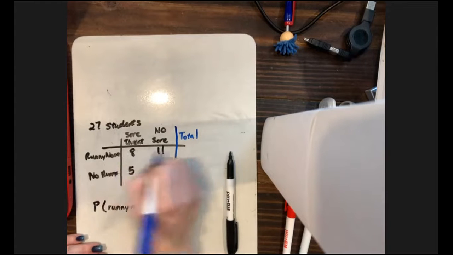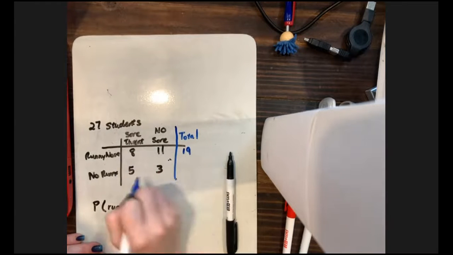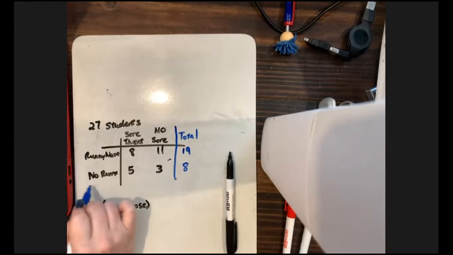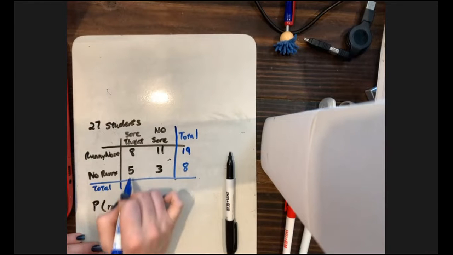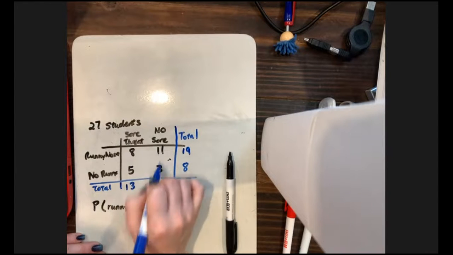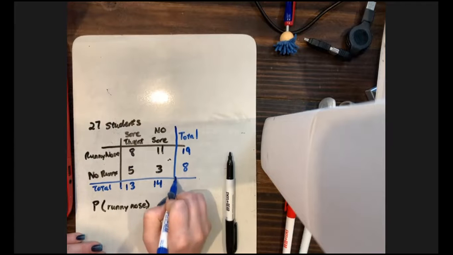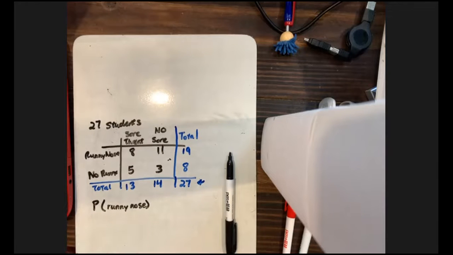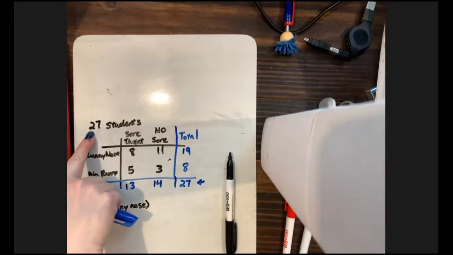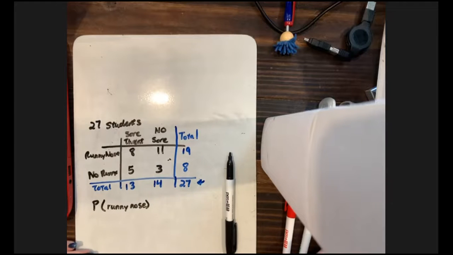Sometimes they'll also run a total column. So we'll have 19 here and 8 here. We also would have a total down here, so it's going to be 13 and 14. And this corner right here tells us the master total, which we'd already said was 27 students, and we see that matches right down here.